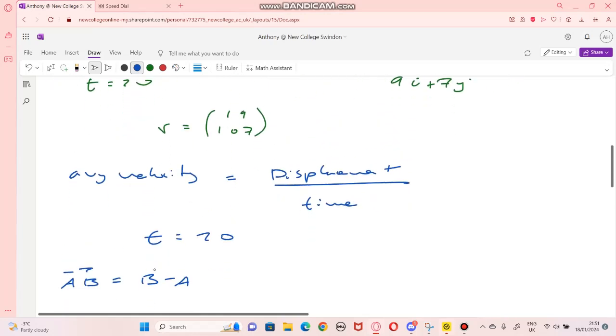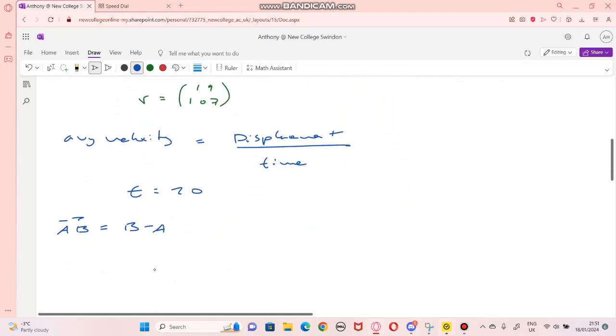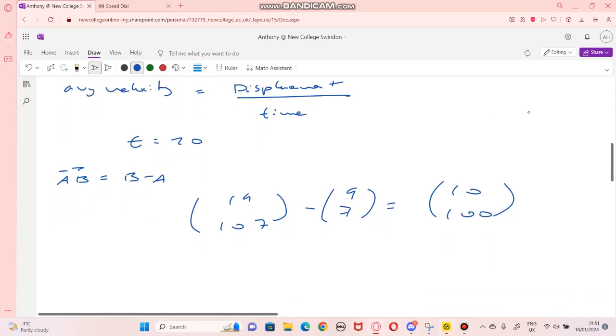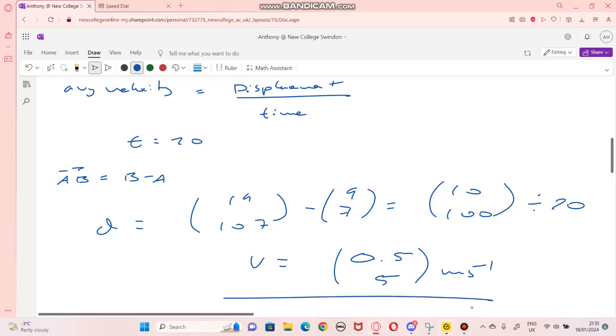We found B in the previous question as 19 and 107. So we take 19, 107 subtracted by A, which was given in the question as 9 and 7. This gives us 10 and 100. Now we divide our displacement by 20. This will give us 0.5 and 5 as our average velocity. Make sure you put the units. And yeah, then you're done.